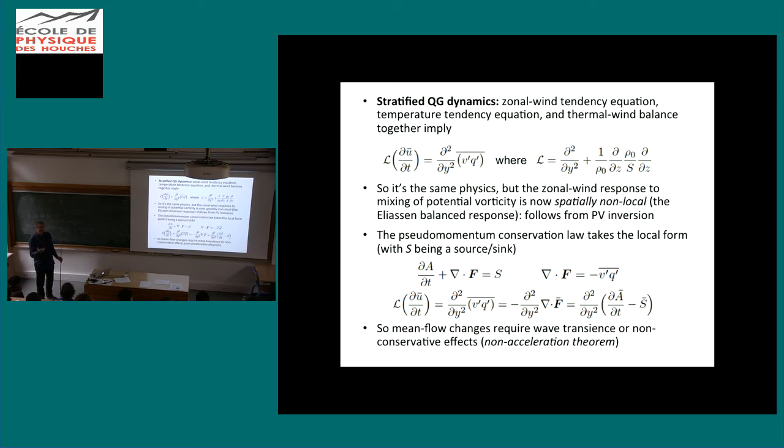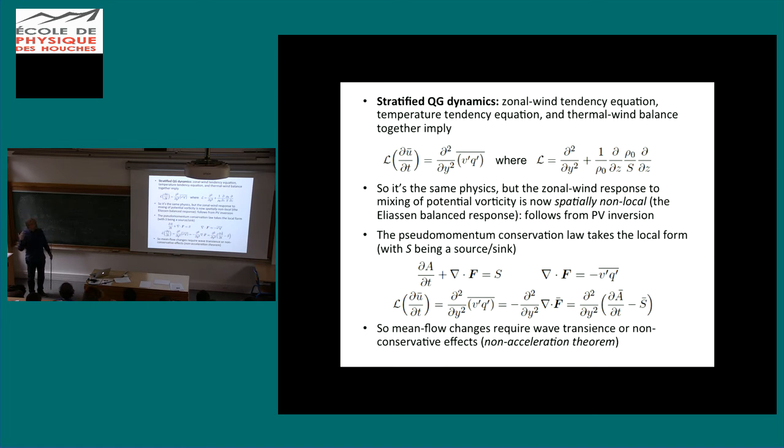That's because if you apply PV mixing and you just change the wind, you're going to be out of balance, right? Because if you change the wind without changing temperature, you're going to be out of balance. So there's a classic theory that goes back to Eliassen, I guess, in 1951, where you can find there's a unique solution which has a circulation as well, a meridional circulation, which spreads out the response and changes not just winds but also temperatures in a way to restore balance.